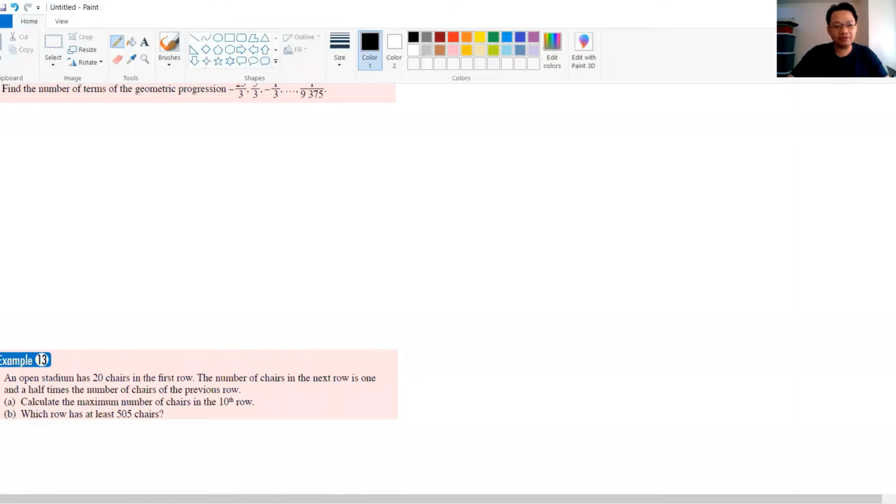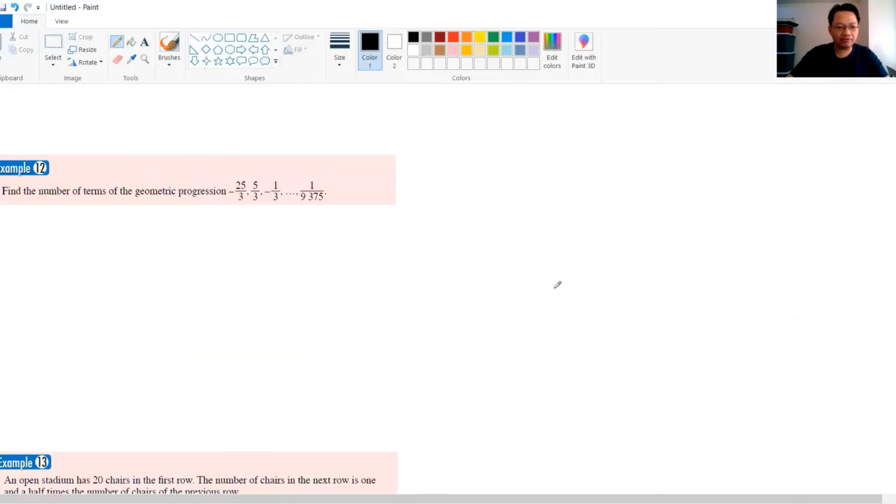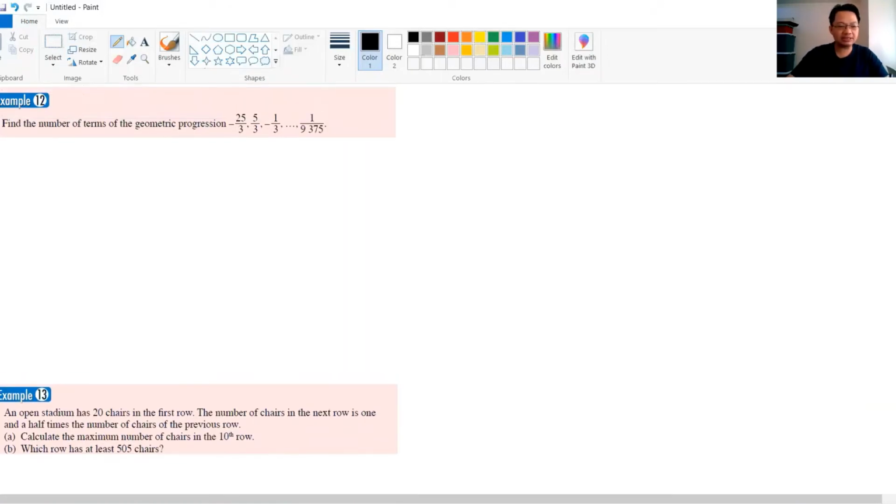Okay, for example 12, what do we have here? This is to find the number of terms of a GP. Guys, this one is very interesting. We want to find the number of terms in this sequence. We already did this in the previous topic. You see here the terms, and then dot dot dot.